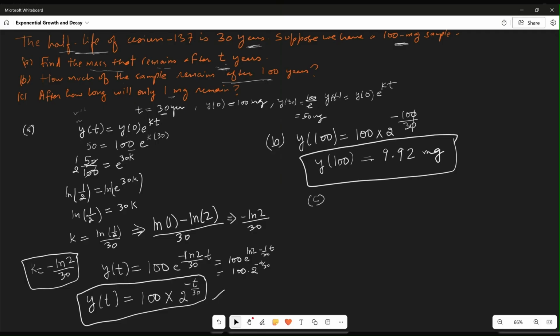Let's look at C. After how long will only 1 milligram remain? Now that's a tricky one. Okay, I'll take this original equation that we had. Y of t is equal to 100 times e raised to the power negative natural log 2 divided by 30 times t. So we are asked after how long will only 1 milligram remain?